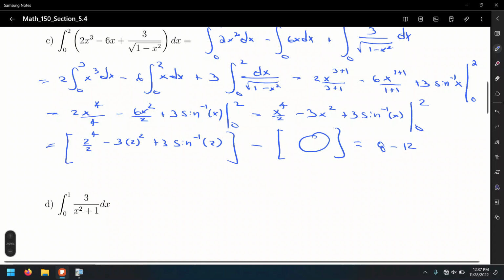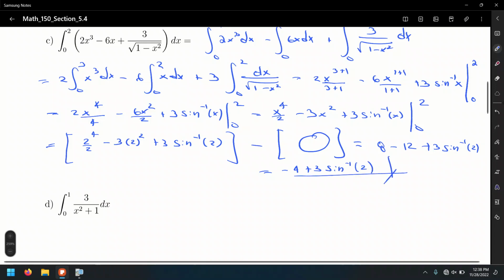Because this is not a value that's in the unit circle, we just leave it as sine inverse of 2. Let's just leave it like that symbolically. And 8 minus 12, that's simply negative 4 plus 3 sine inverse of 2. Let's just leave it like this.